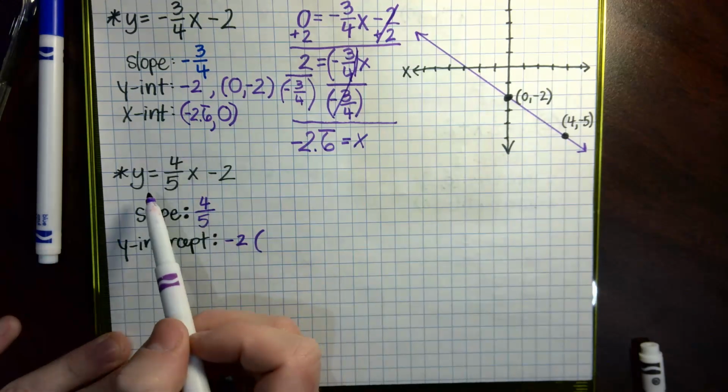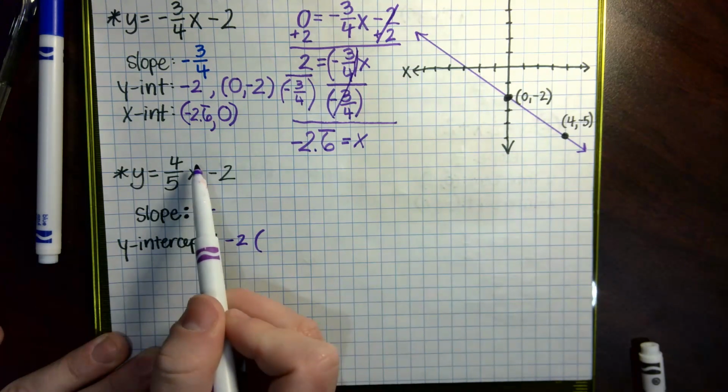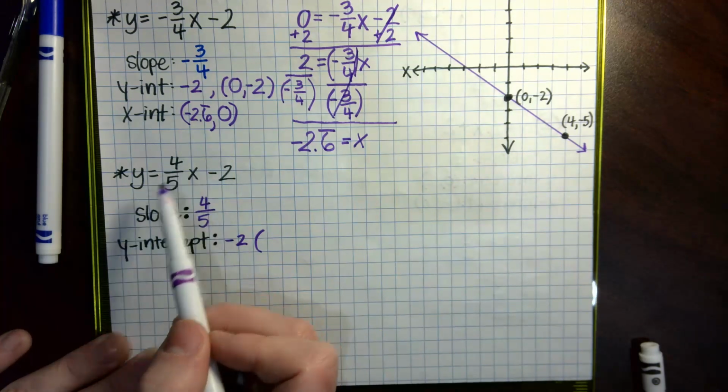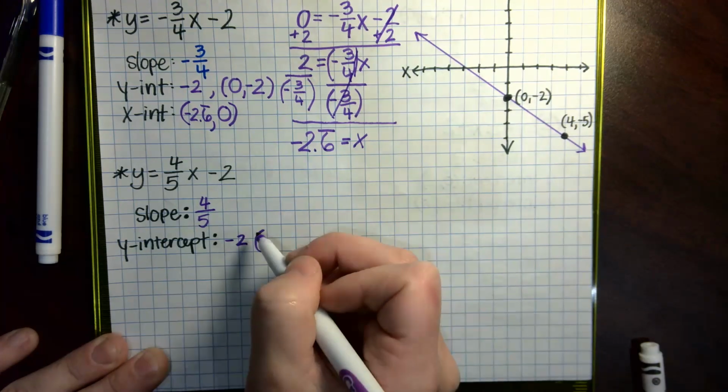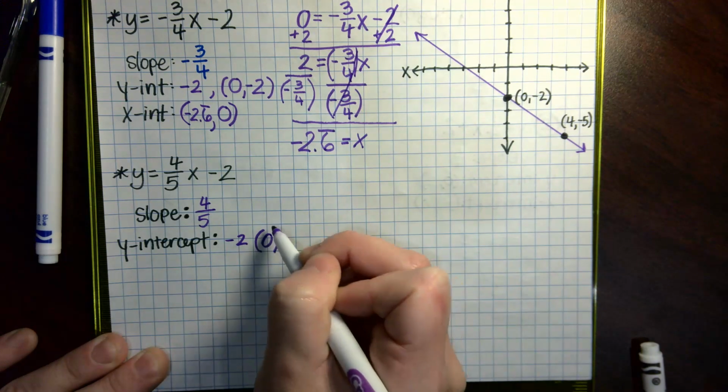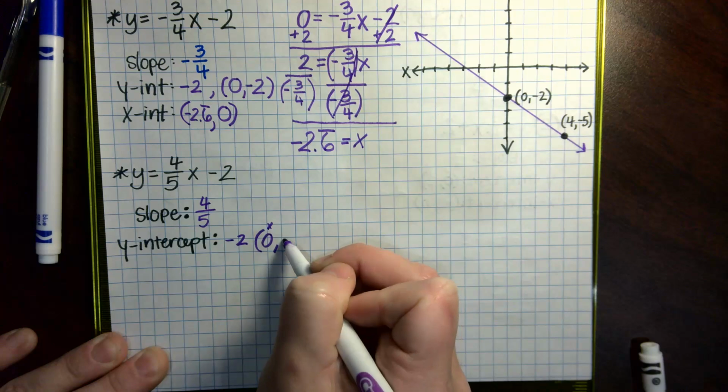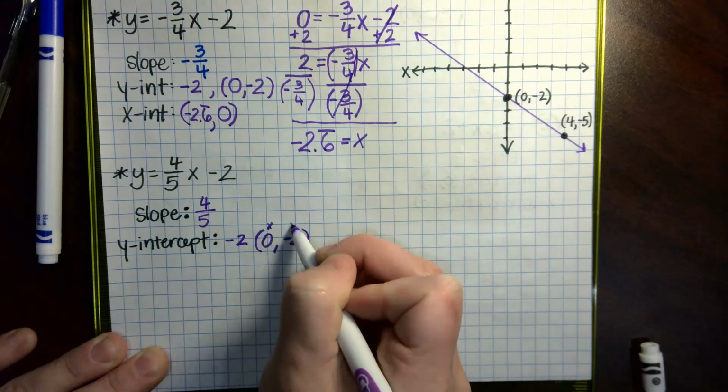And we can remember that by looking here at this equation. If I made 0 here for x, 4/5 would disappear, and we would just get y equals negative 2. So we can write for x 0, for y negative 2.